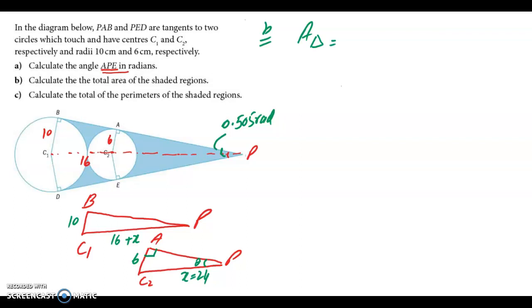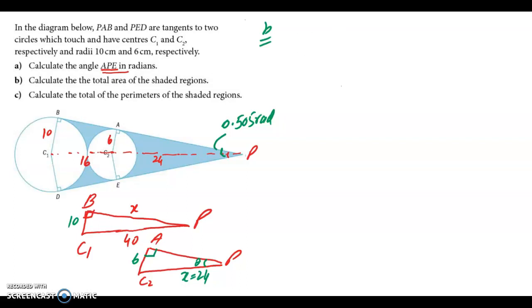So now, to find the area of the triangle, if we consider this big triangle, you remember this was 16 and we got this as 24, so this is 40, and this is again a right triangle. To find the area we need to know at least this side, so we will find the third side.